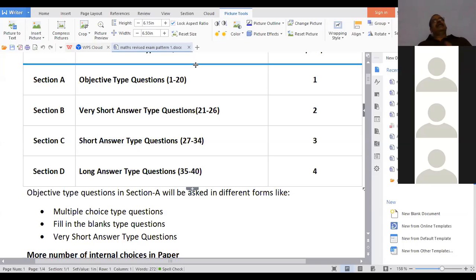The series may be in increasing order or decreasing order. If it is in increasing order, the fixed difference is positive. If it is in decreasing order, the fixed difference is negative. Okay.